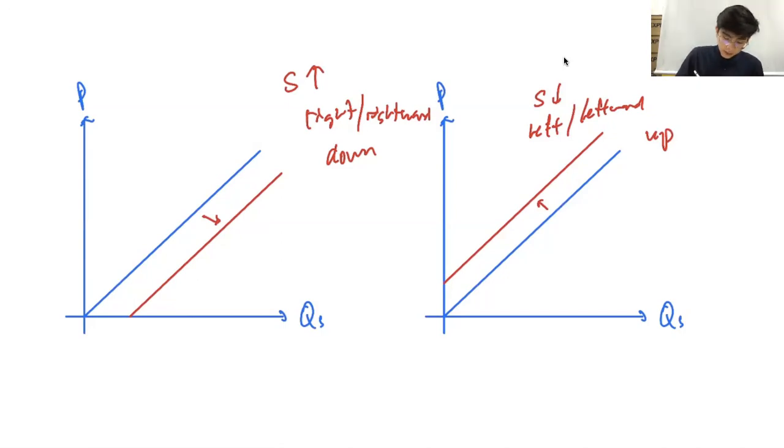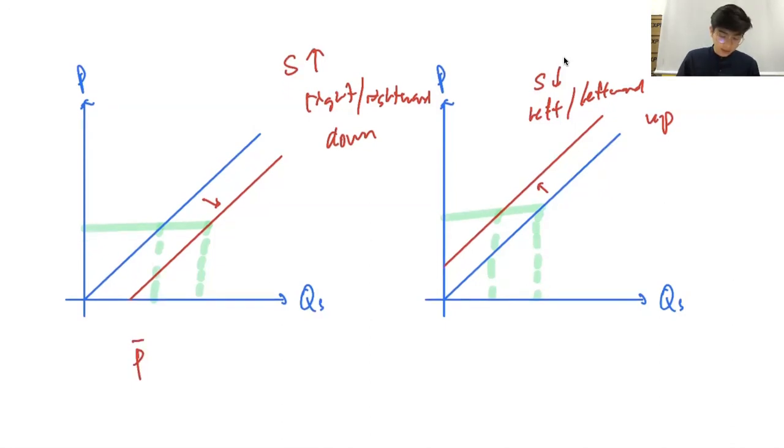So as you can see here, the price is unchanged, but the quantity supplied changes. Okay, so that's the relation between them. This one representing the anchor is not changing.